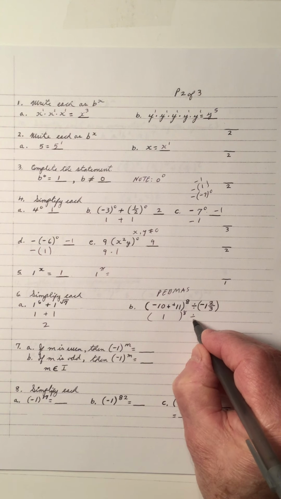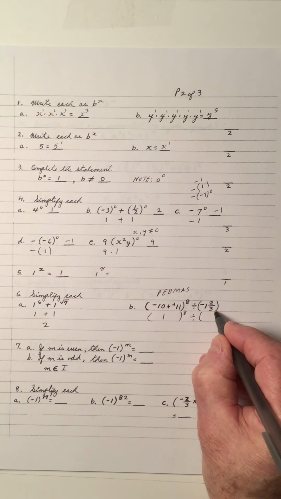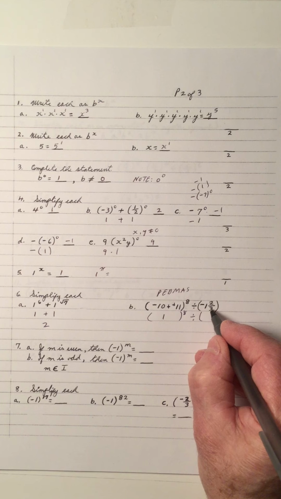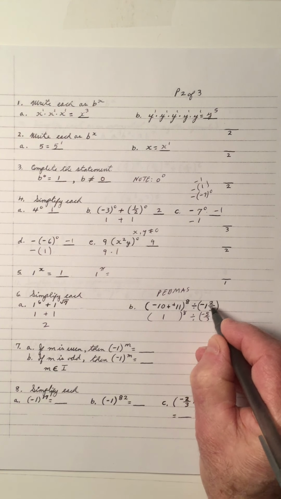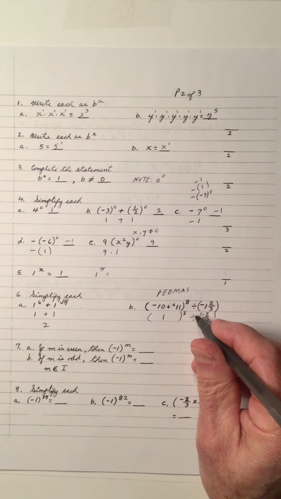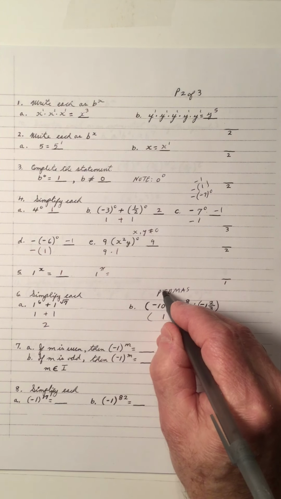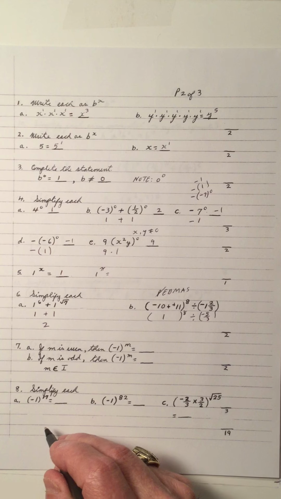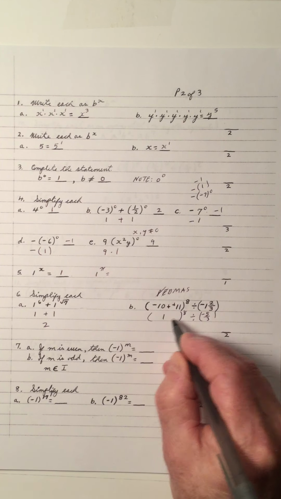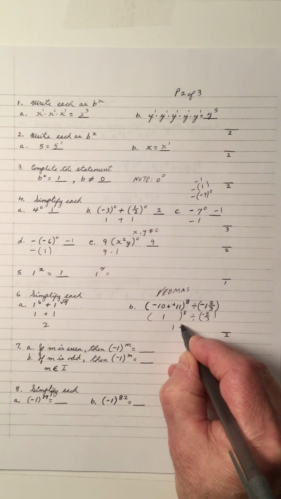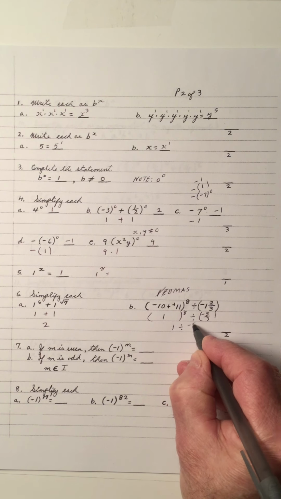And I have to simplify the inside of this, and the inside, 1 times 3 is 3, plus 2 is 5. So it's 5 over 3, and it's negative because we normally change mixed numerals to improper fractions. So the inside of the brackets are done. Now we have to do our exponent next. Cross it out. So 1 to the 8th power is 1. Okay, we have that done.